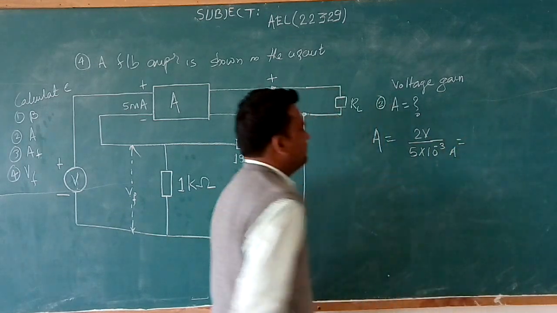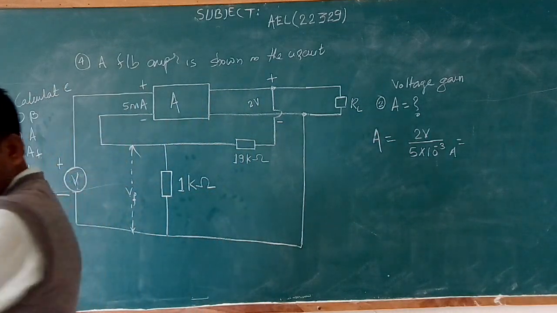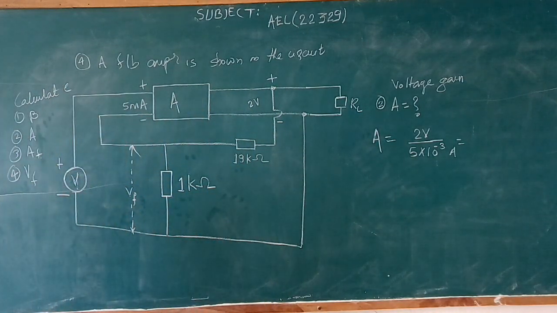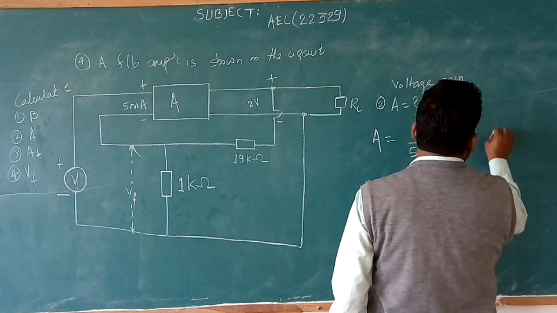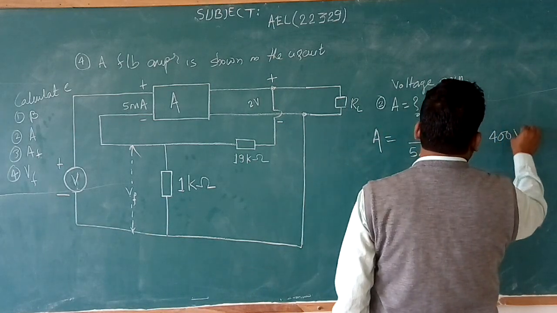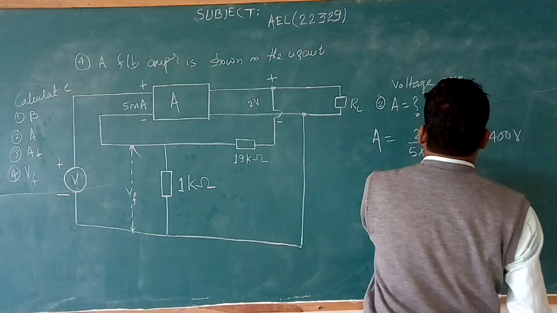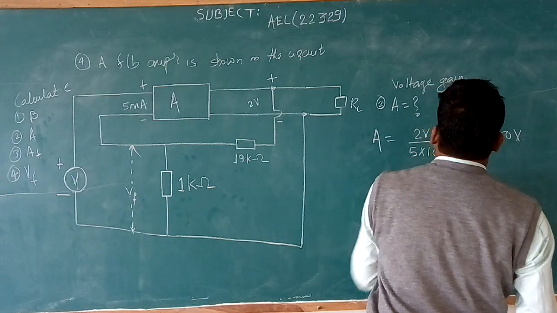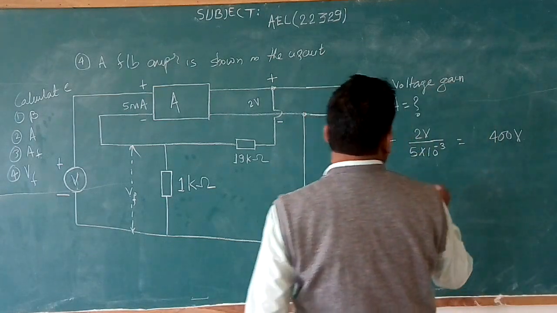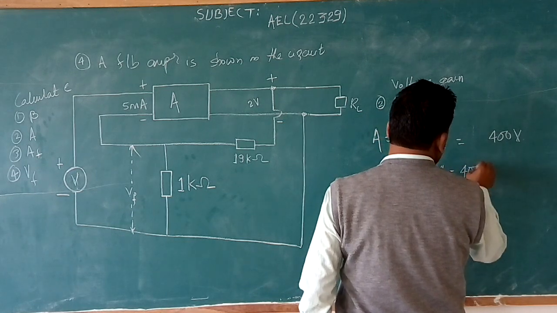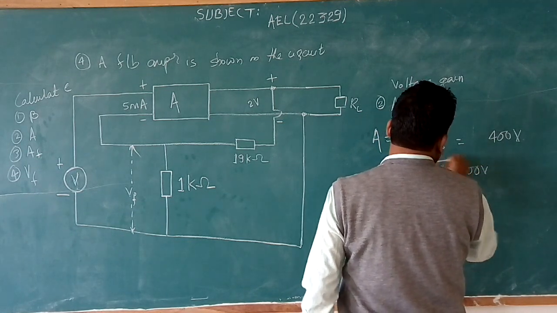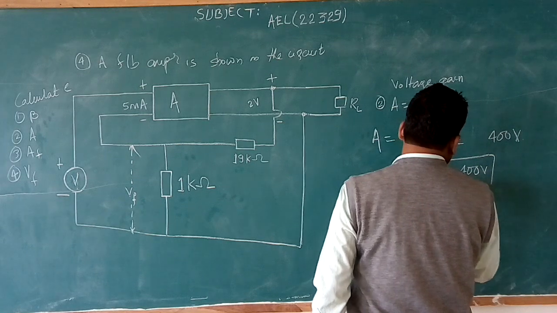Calculating it, we get the value of gain, that is 400 volt. So A equals 400 volt.